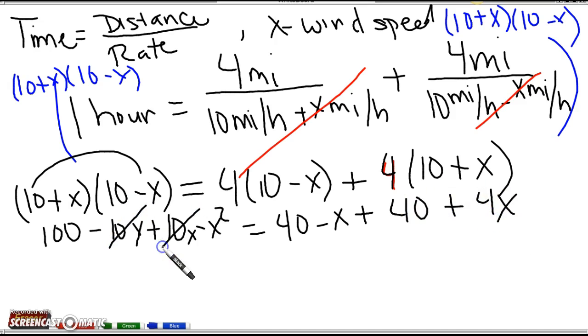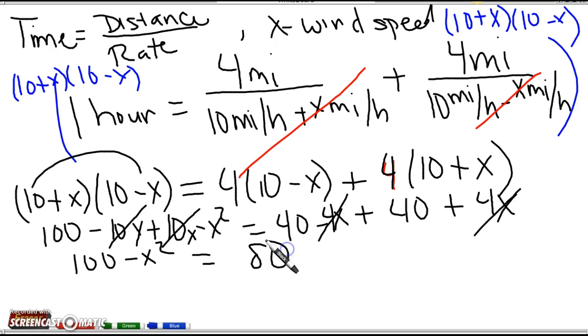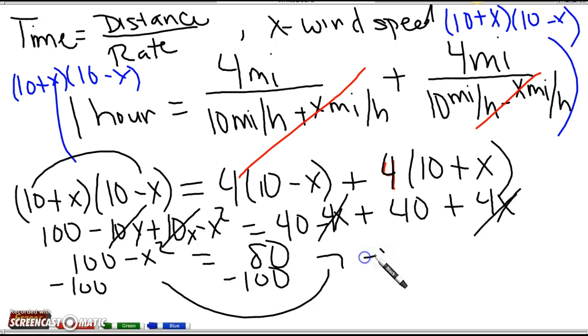My 10x's come out, and my x's cross out. So 100 minus x squared equals 80. I'm going to subtract 100 from both sides, and I get negative x squared equals negative 20. Divide both sides by negative 1, and x squared is 20.